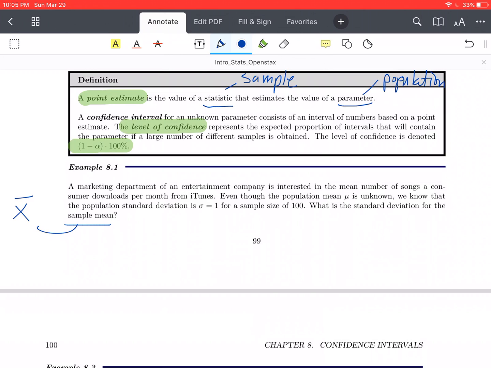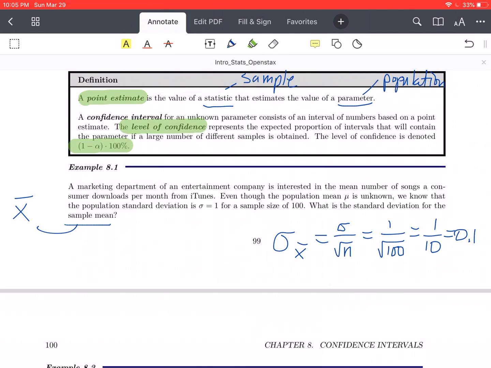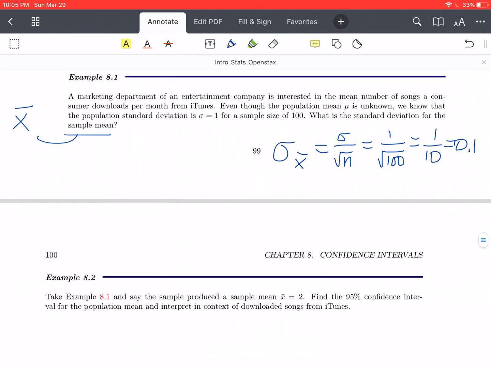The standard deviation for the sample mean was sigma over the square root of n, where n is the sample size. So that's going to be 1 over the square root of 100, or 1/10, or 0.1 as a decimal. We're going to use that here.